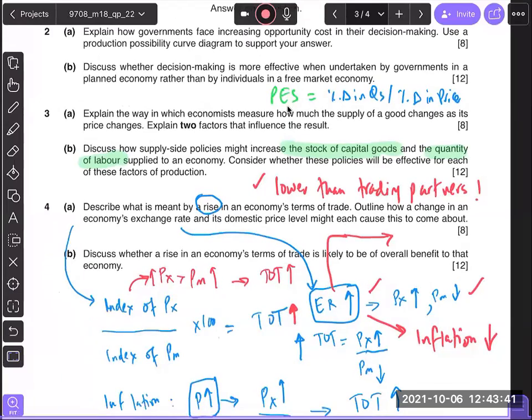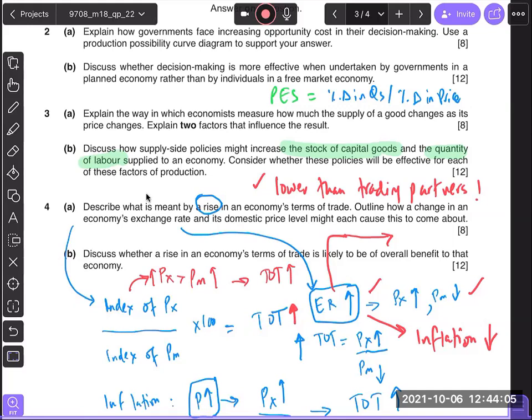From an equity view, how is it a negative impact on equity or redistribution of income? Unless they reduce taxes, you can say that. Yeah, unless they reduce taxes, but not all supply side policies are trying to reduce taxes.